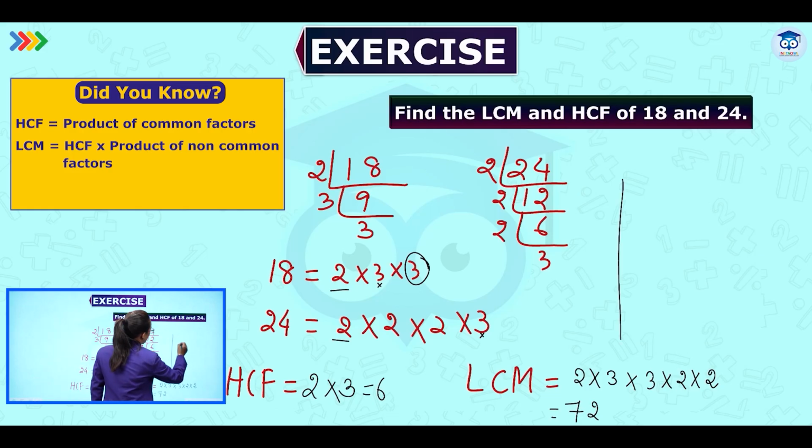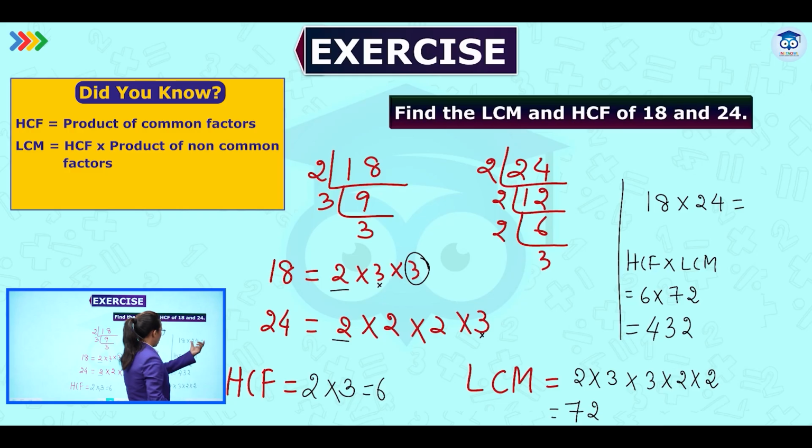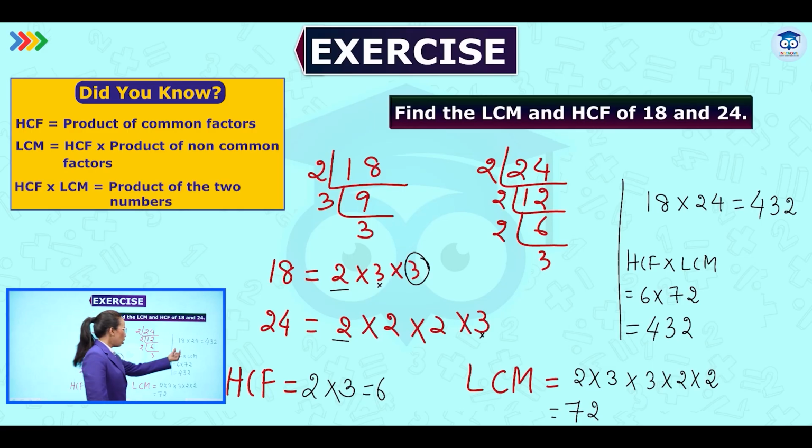Now let's calculate the product. 18 into 24 and HCF into LCM, which is 6 into 72, gives 432. When we calculate 18 into 24 also, we get 432. It means the product of the two numbers is the same as the product of LCM and HCF. Okay.